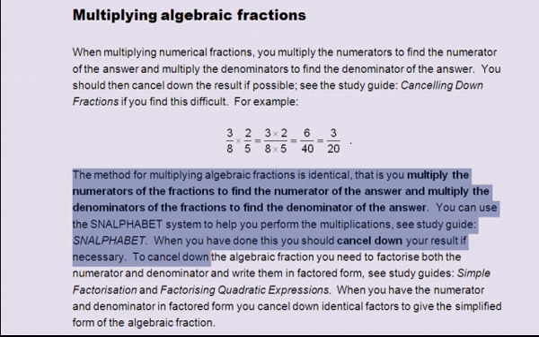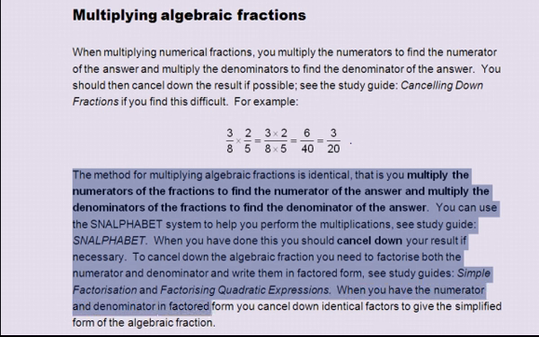To cancel down the algebraic fraction, you need to factorise both the numerator and denominator and write them in factored form. See study guides, Simple Factorisation and Factorising Quadratic Expressions. When you have the numerator and the denominator in factored form, you cancel down identical factors to give the simplified form of the algebraic fraction.